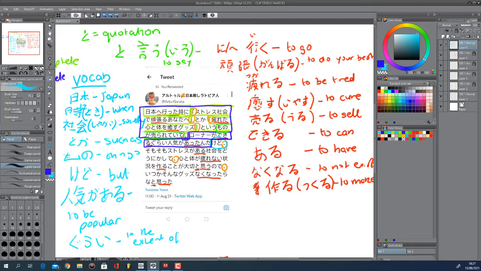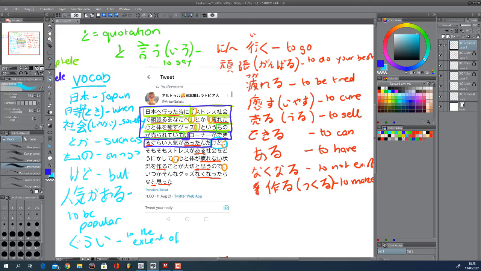So 人気がある in this case would be to be popular to the extent that it has its own corner in the shop. That's what it says. So actually, like I said, 人気がある is the main part of the sentence, and everything else before it is describing the 人気がある. Now if we carry on, けどそもそもストレスがある社会をどうにかして.